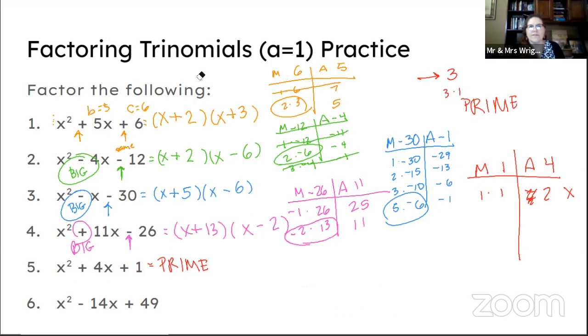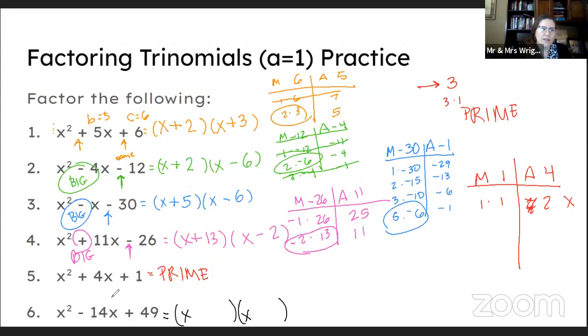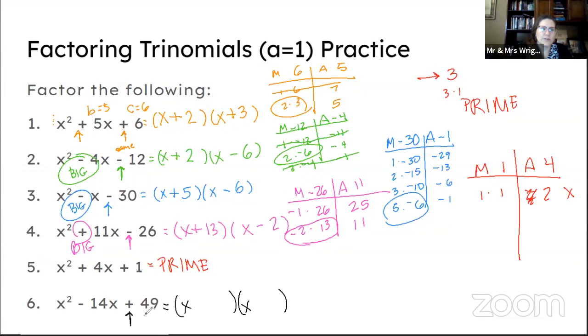All right, so the very last one here we have number 6. Let's go ahead and set it up. We know that our leading terms are both going to be x because our a value, or our leading coefficient, is 1. And I know that both of my factors are going to have the same sign.